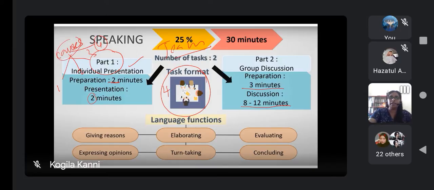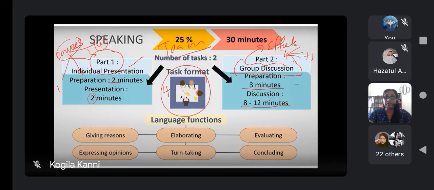This is cause based. When it comes to group discussion, they will now ask you to talk about the effects. They will give you points of effect, and you will have one more point.